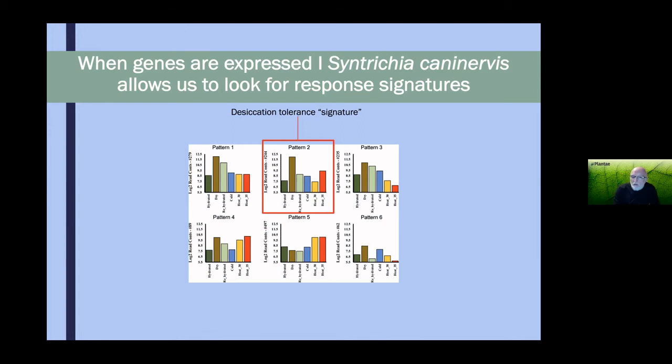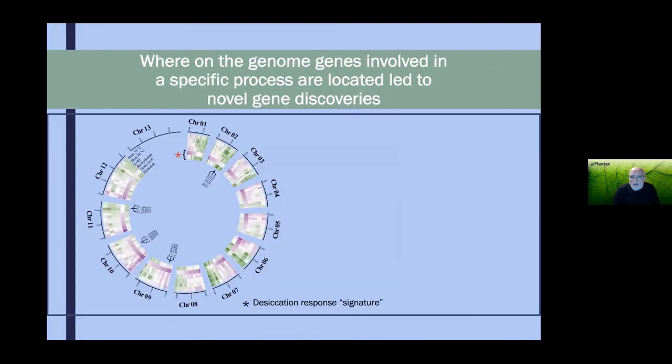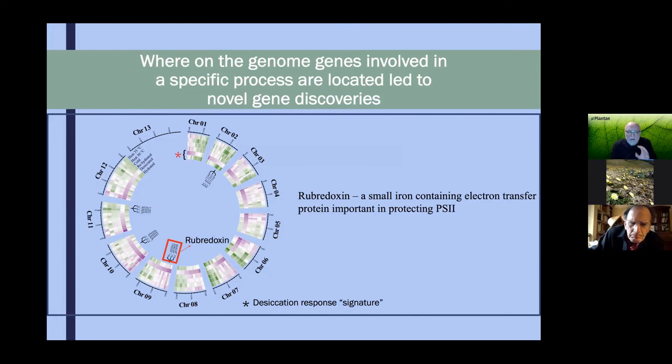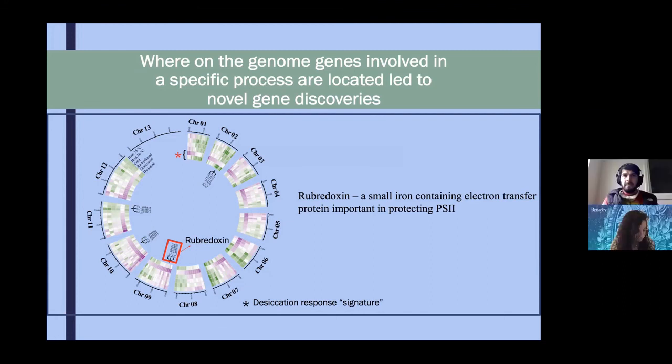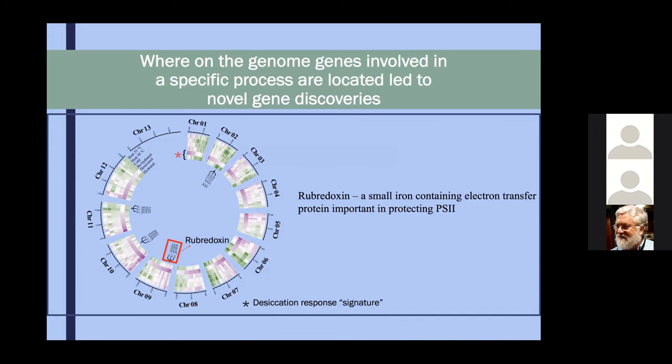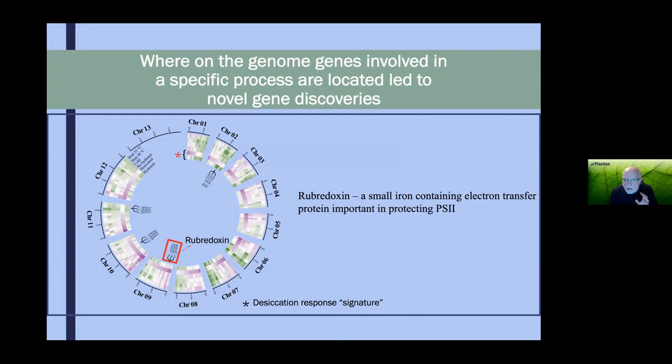But these patterns also help us when we look at them in a genome context. If you look now for genes that are in tandem, and then look at how they're related to their expression patterns, which are these purple and green layers, you can pick out ones that are very important to desiccation tolerance, and they are actually in tandem repeats. That means they're part of an adaptation, or they're more likely to be an adaptive change in the genome.